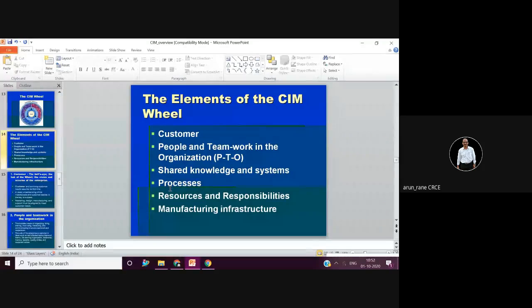Then processes. That is how you are going to manufacture. Then resources and responsibilities. Everybody has to be given responsibilities, because if you don't assign responsibility, then the organization will not function. And responsibilities will be from the lower one to the higher one.